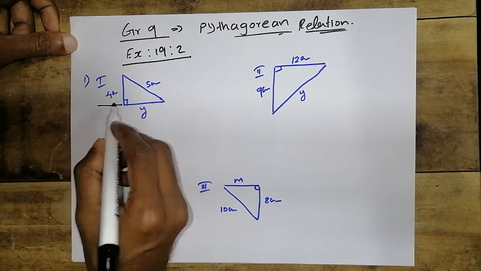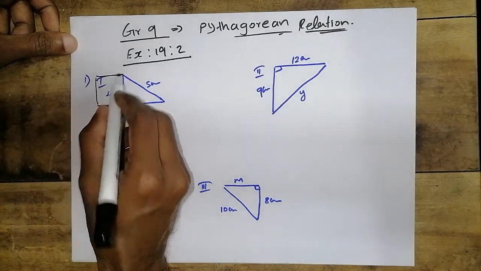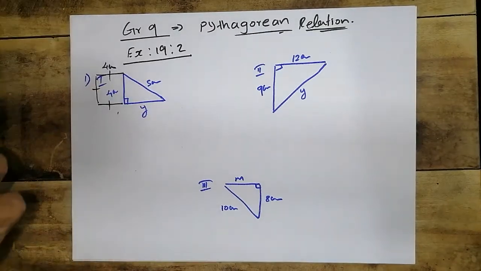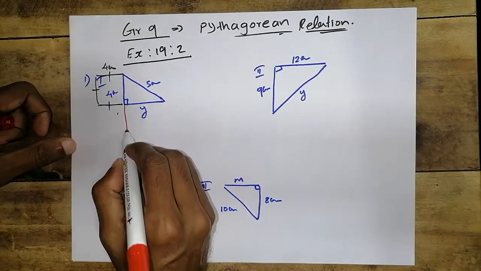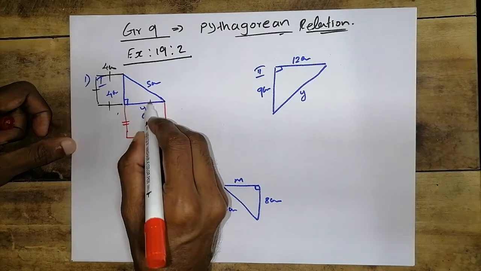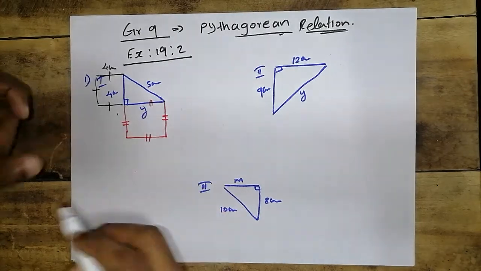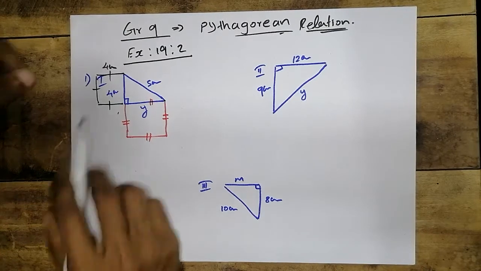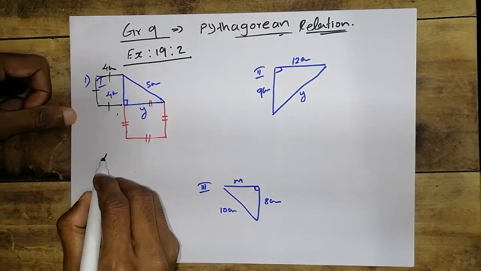Imagine we are going to draw a square like this. Okay. And then another square we need to draw on the side y. So what is the area of the square on 4 centimeter? That is 4 into 4.